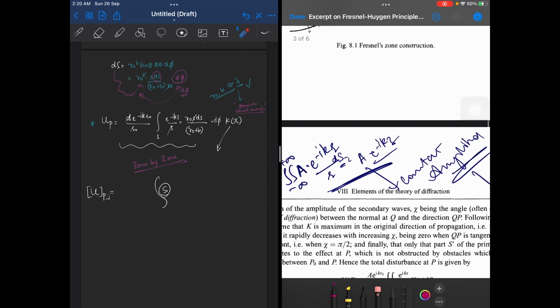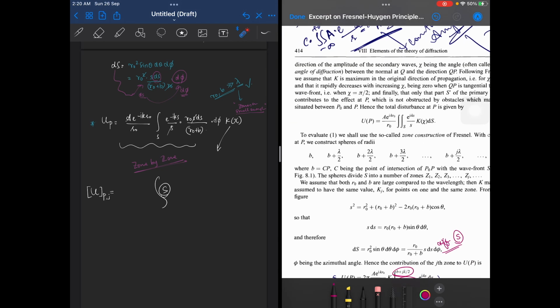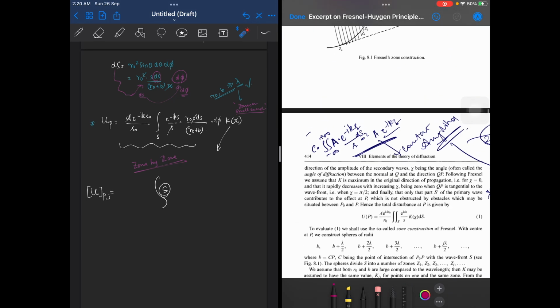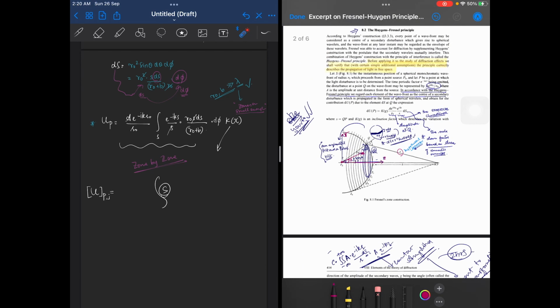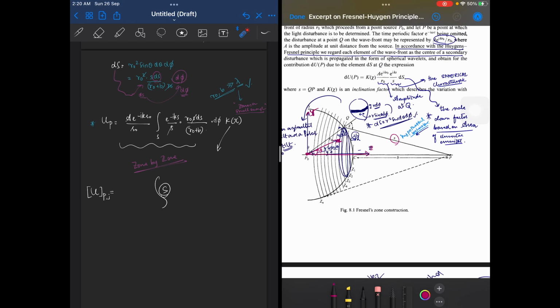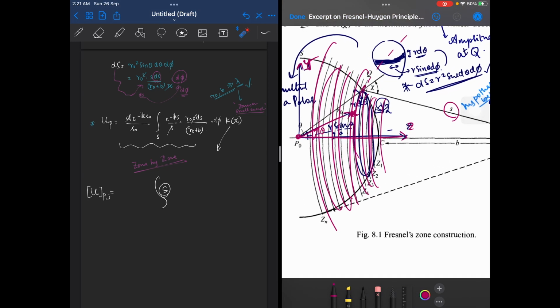And you are constructing zones with centers at P. We construct zones and we put it over here.